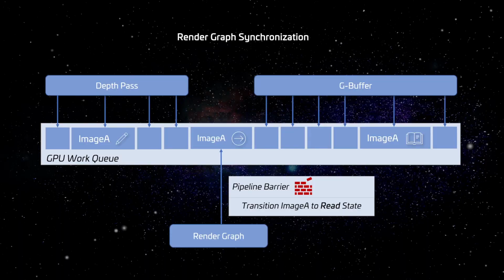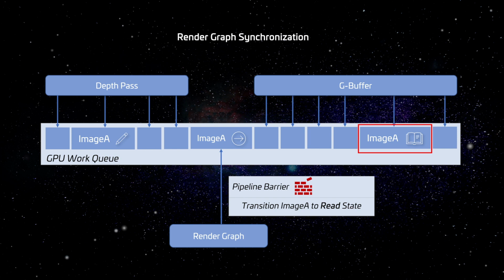So the idea is that we want to switch the state of a resource as early as possible. We need to then also validate that this resource is in the correct state. So from the diagram, we can see that the depth prepass writes to image A, but then later on we require to read from image A in the G buffer.